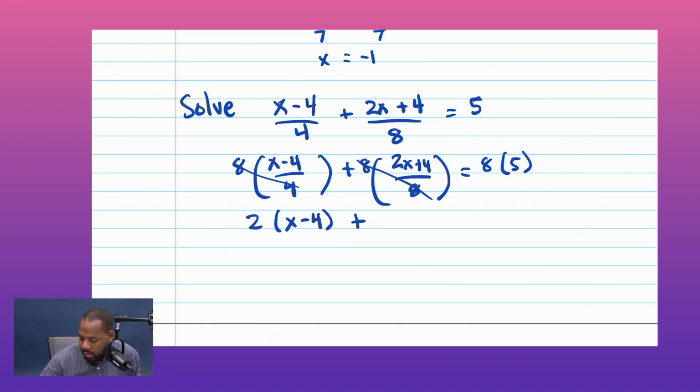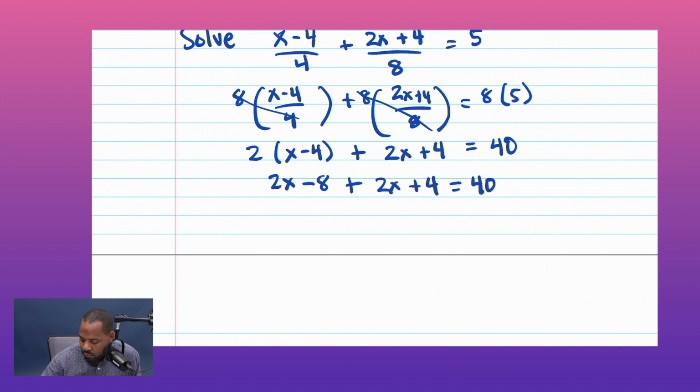These 8s divide out and we're left with 2x plus 4 is equal to 40. Distribute 2. 2x minus 8 plus 2x plus 4 is equal to 40. Adding my like terms, 4x minus 4 is equal to 40.